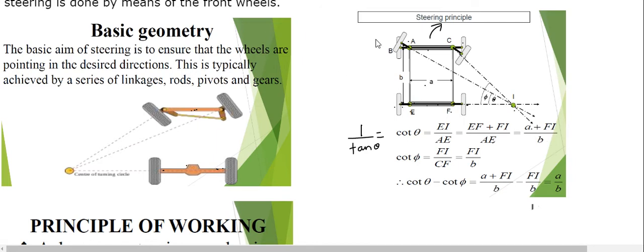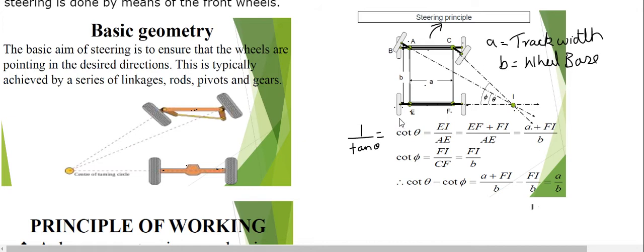B is the height. And one more thing, for those accustomed to automobiles, A is known as the track width of an automobile, that means the distance between the two wheels, and B is known as the wheel base.